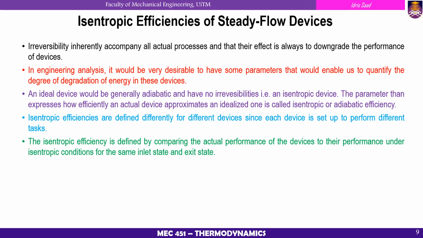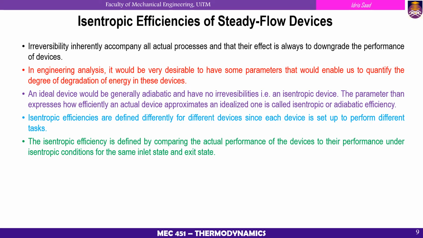The parameter that expresses how efficiently an actual device approximates an idealized one is called the isentropic or adiabatic efficiency. The isentropic efficiency is defined differently for different devices since each device is set up to perform different tasks.